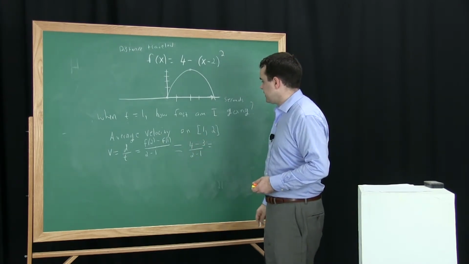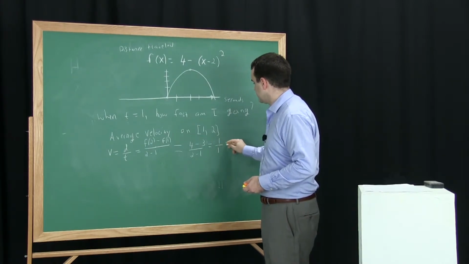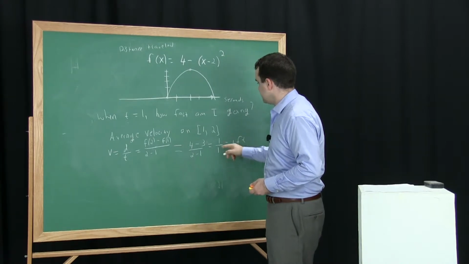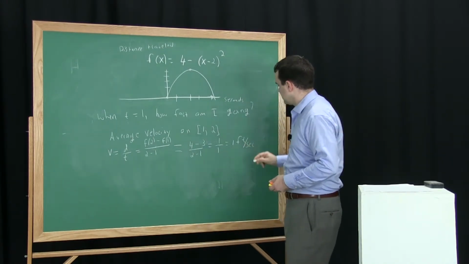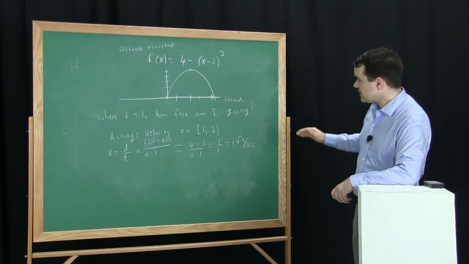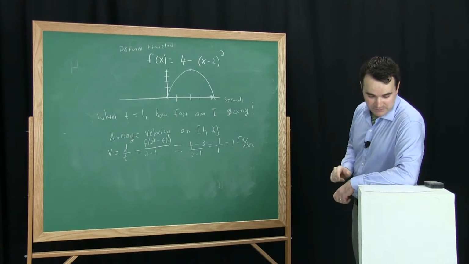So that's going to be just 3 over 1. And the units are feet divided by seconds, so velocity is in distance over time, so it's feet per second. So that's my average velocity.